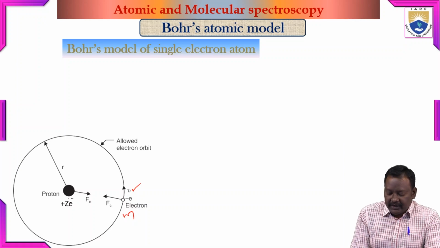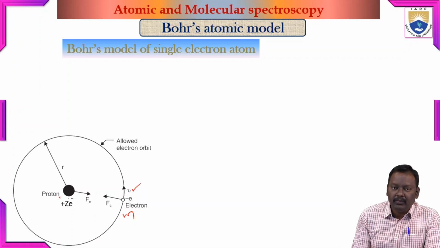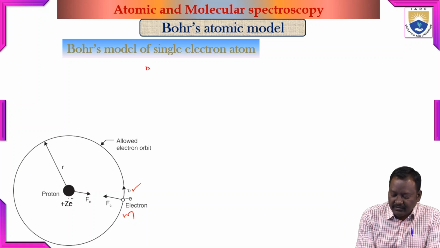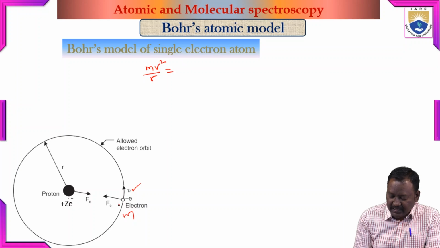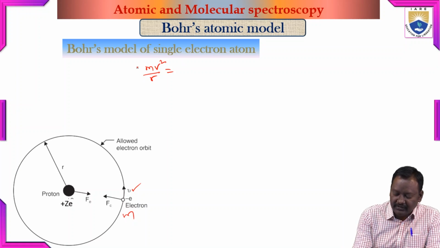Centripetal force must be equal to the Coulomb attractive force between the electron and the positive charge. So the centripetal force of the electron, mv squared by r, must be equal to the Coulomb force. Here minus e is the charge of the electron, and Ze is the charge of the nucleus.